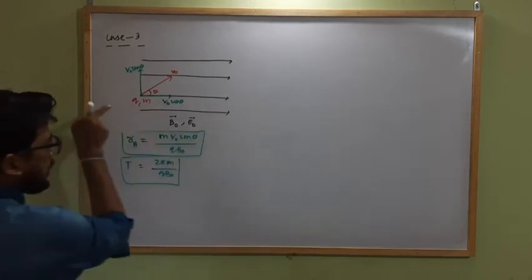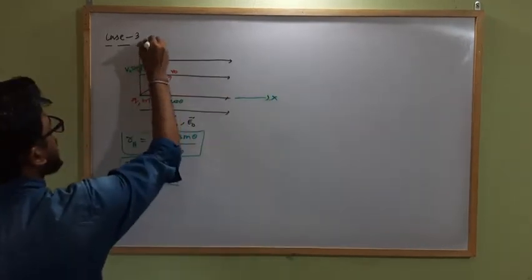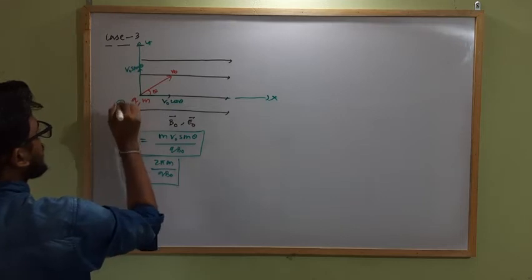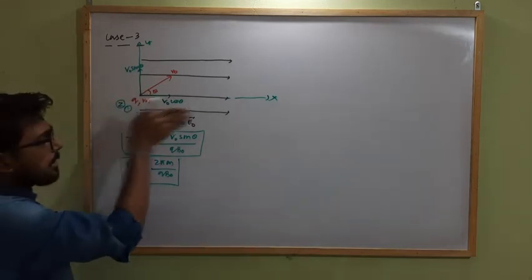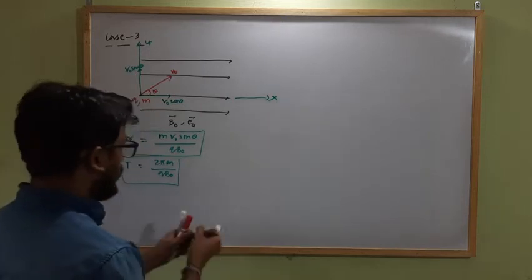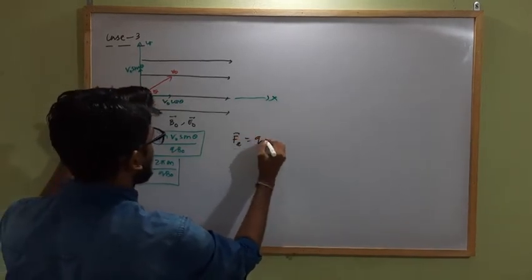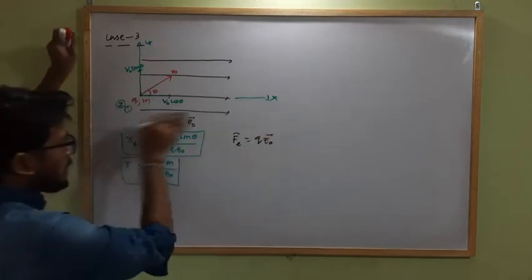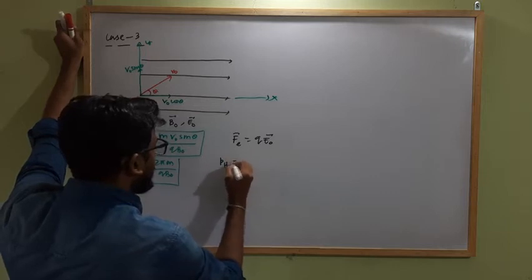But in the x axis, if this is x, this is y, and the field is along z, which is outward, then in the x axis the particle starts accelerating due to a force, F electric, which is equal to q E naught. In this direction pitch 1 will be what?